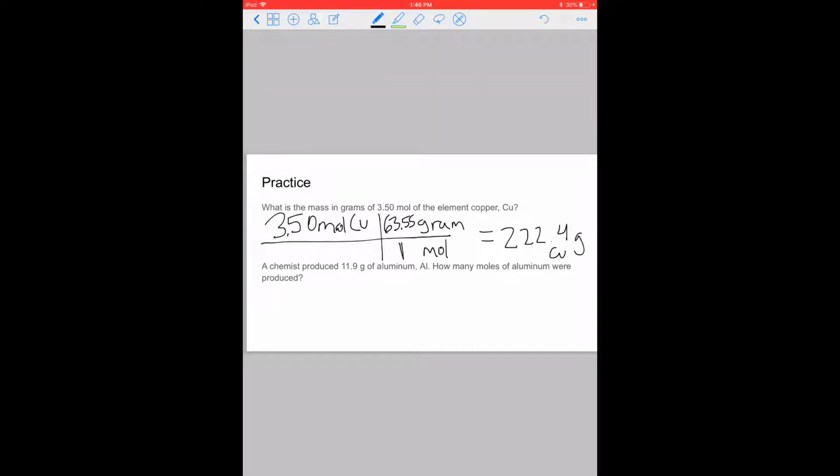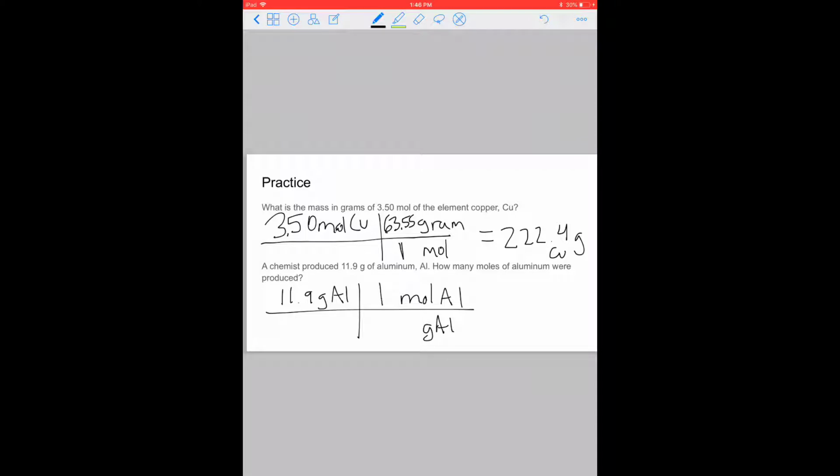My next problem here is similar, it's just going backwards. I'm starting with grams and finding moles. So a chemist produced 11.9 grams of aluminum. How many moles of aluminum were produced? I start with 11.9 grams of aluminum. And I'm going to put grams of aluminum on bottom, and I'm going to put moles of aluminum on top.